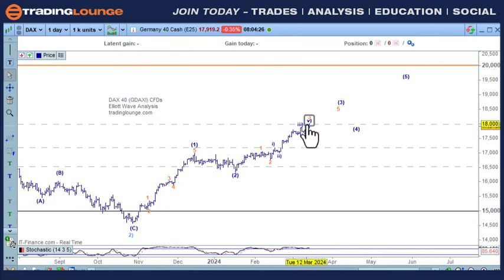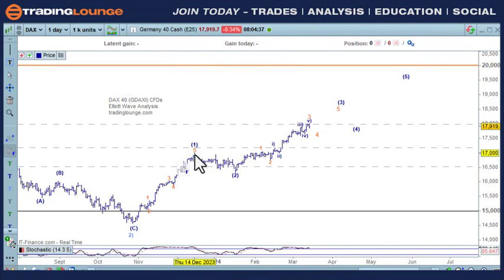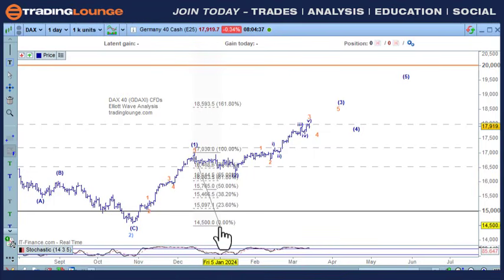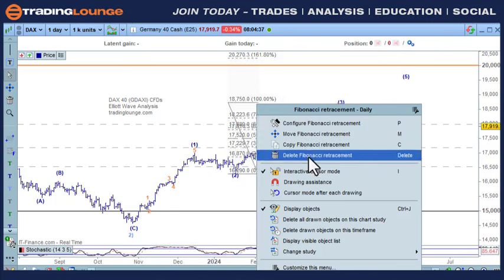It counts okay to this point, so we'll see how that goes, but it is short. If I take this to roughly there, it's sort of way up here. So we've got to see how this wave 5 gets up here further. But anyway, we'll see how that plays out.